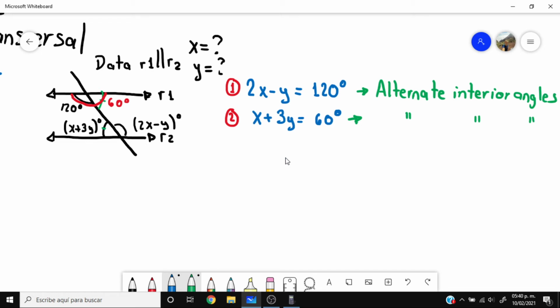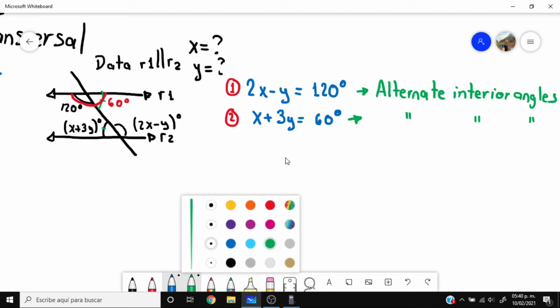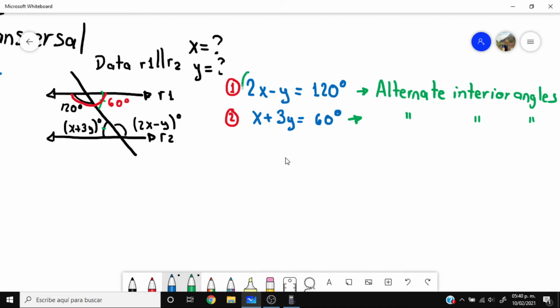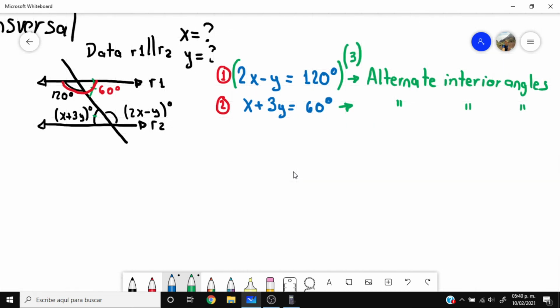Okay, so there are many methods to solve equations. It doesn't matter which one you use as long as the procedure is correct. So you must have the same answer. So what I'm going to do, I'm going to use the addition and subtraction method. So this equation over here, I'm gonna multiply it by 3. Okay, so if I do it, I'm going to write the equation again.